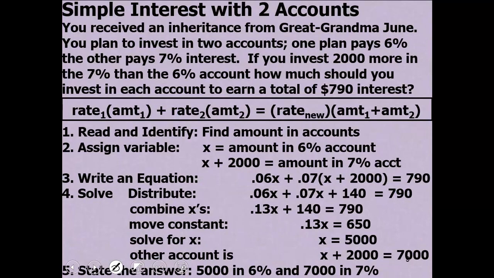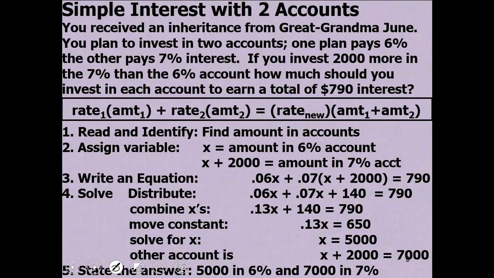Now, let's say we have two accounts and we want to invest in two different amounts. This is like a mixture problem, right? Only we're working with interest. You received an inheritance from Great-Grandma June. You plan to invest in two accounts. One plan pays 6%, the other pays 7%.